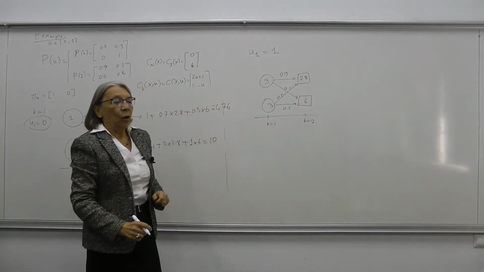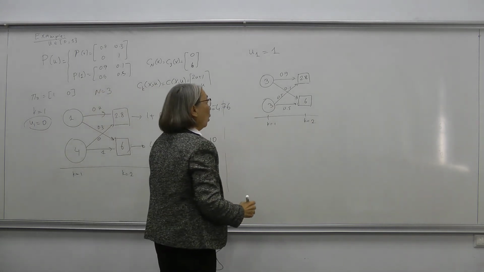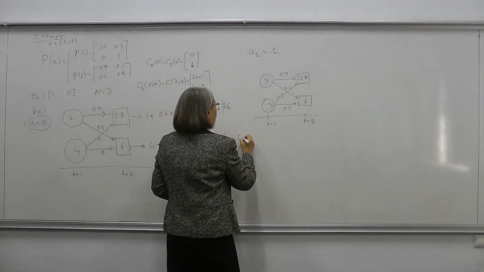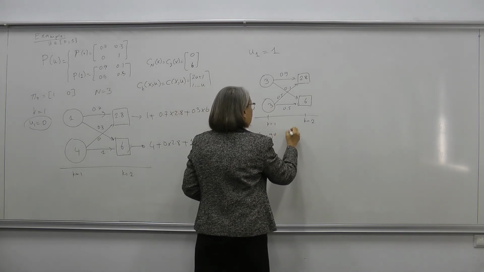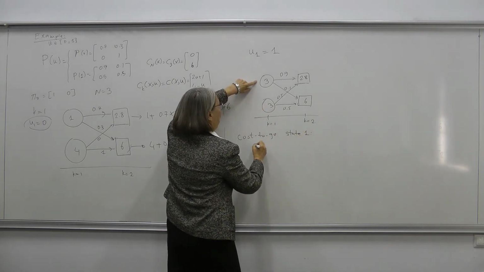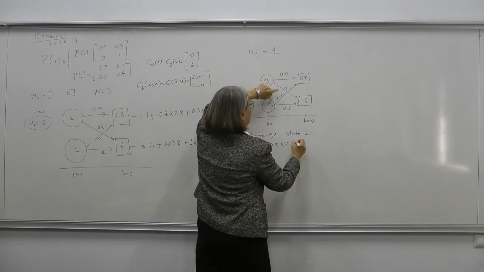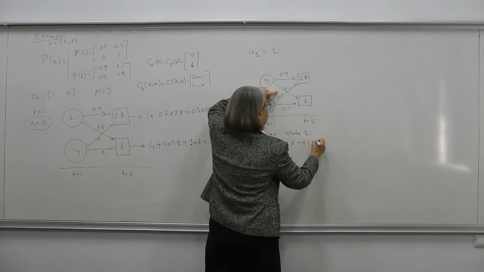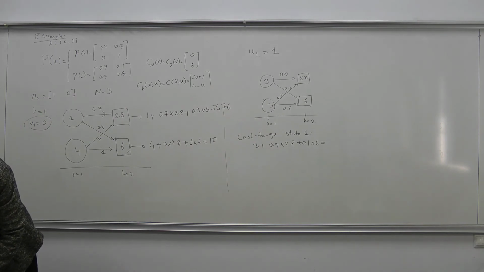So we will repeat the computation of this expected value of cost to go when the state is 1. That is 3 plus 0.9 multiplied by 2.8 plus 0.1 multiplied by 6, and the result is 6.12.